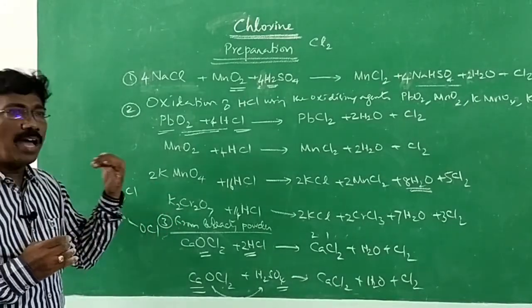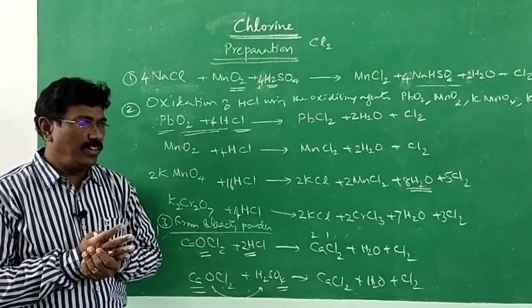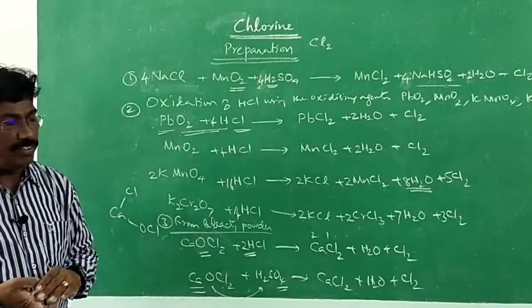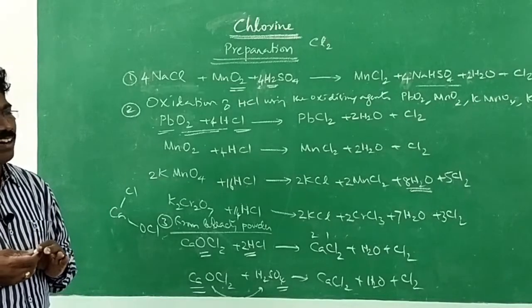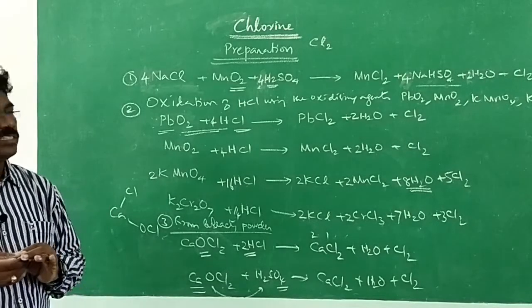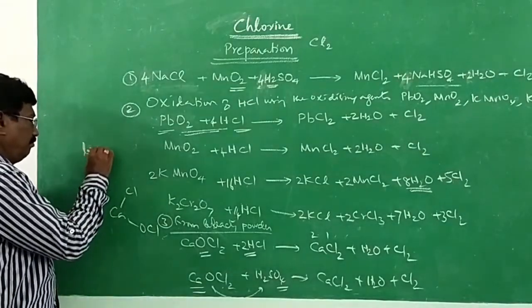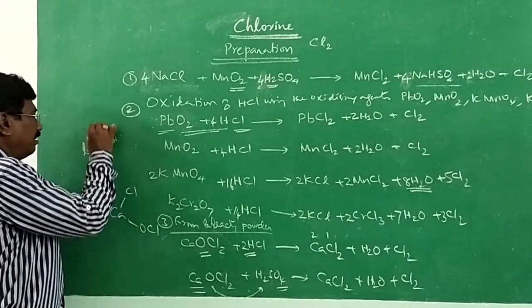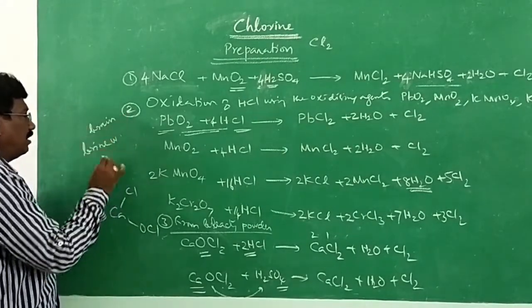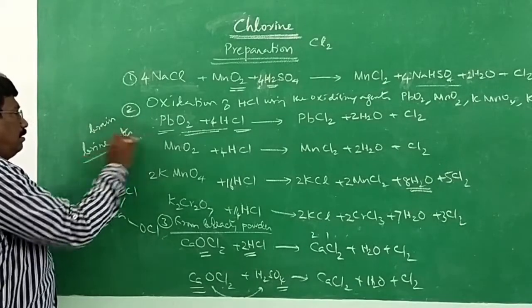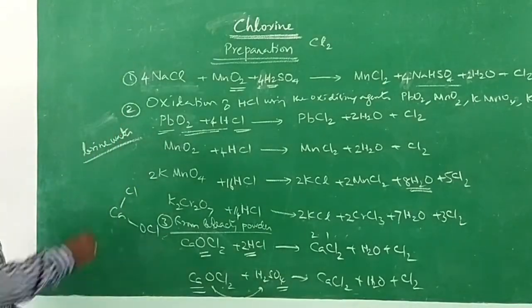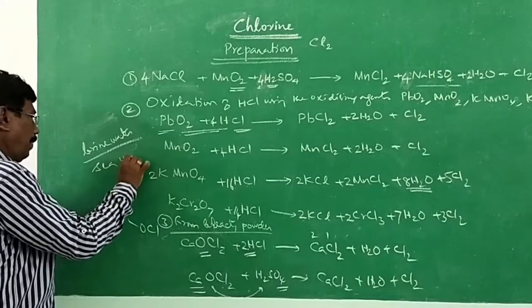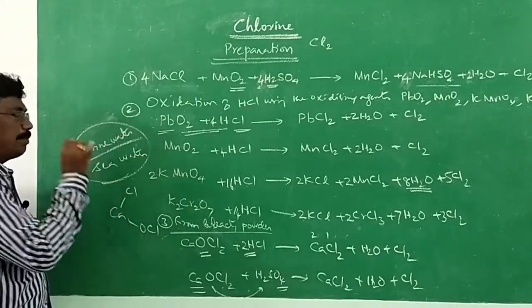If we go in for manufacture of chlorine, we have to go in for a little bit of complication. We have 2 methods. Electrolysis of brine water. Brine means sea water, not brain. Brine solution we say. From that we can prepare chlorine.